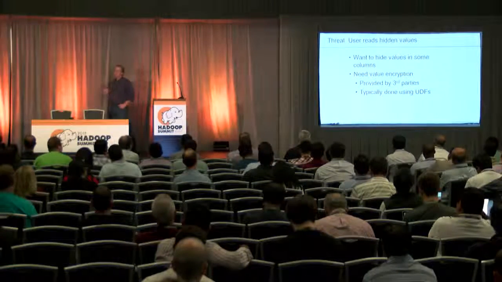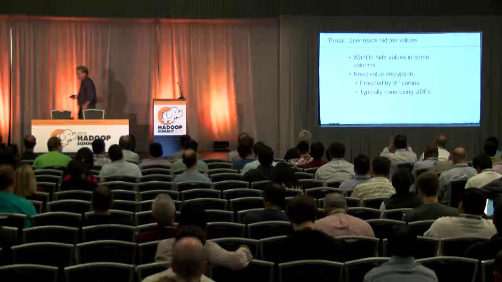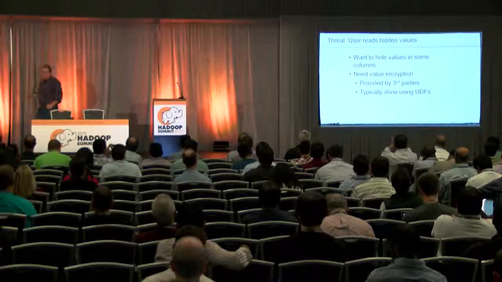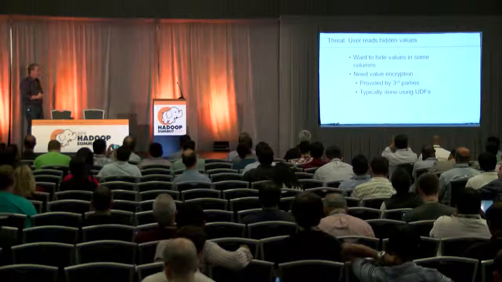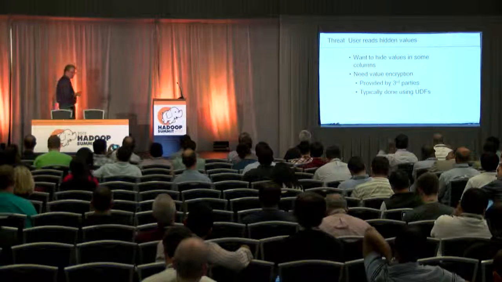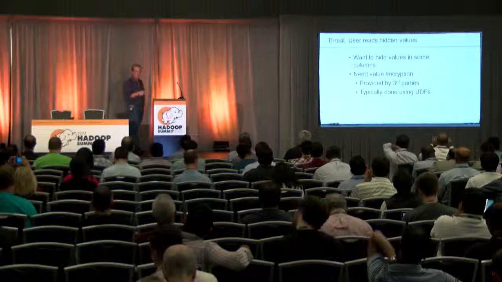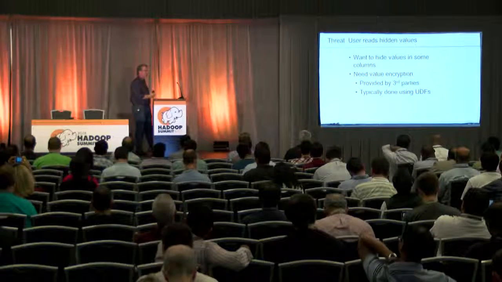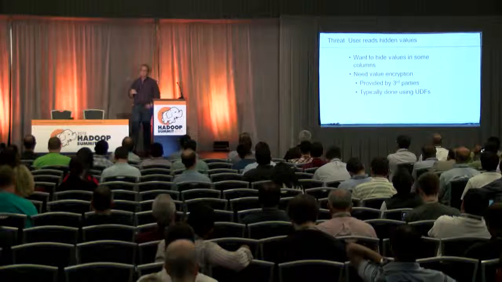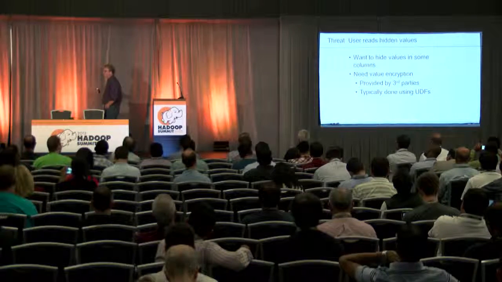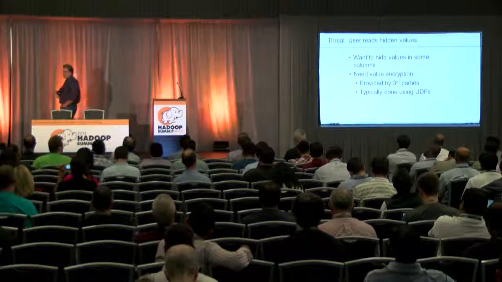Okay, now there's an additional option that isn't baked into any of the formats, but instead is a UDF. There are a couple of third-party companies that sell these, and they basically encrypt each value. Now, this isn't as complete as what you get with column encryption.